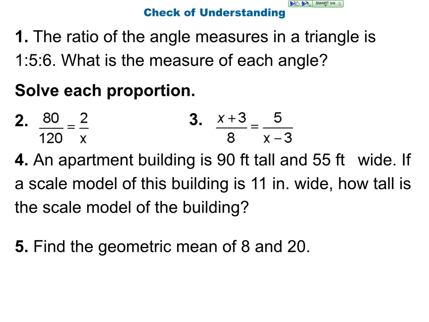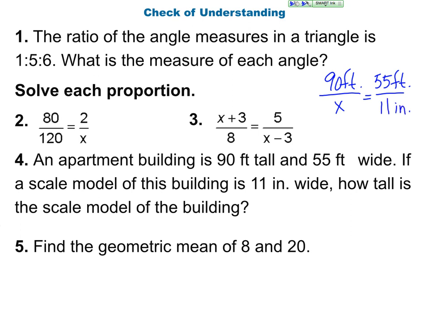How tall is the apartment building? 90 feet. How tall is the model? X, we don't know that one. How wide is the building? 55 feet, the actual building. And then how wide is the model? 11 inches.